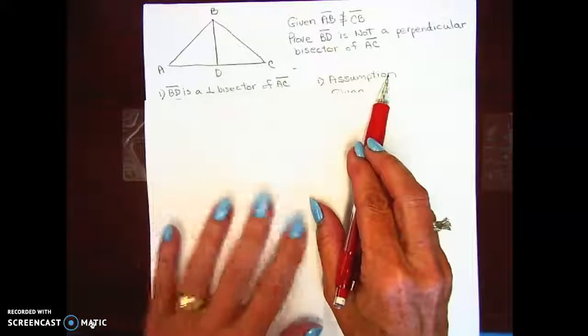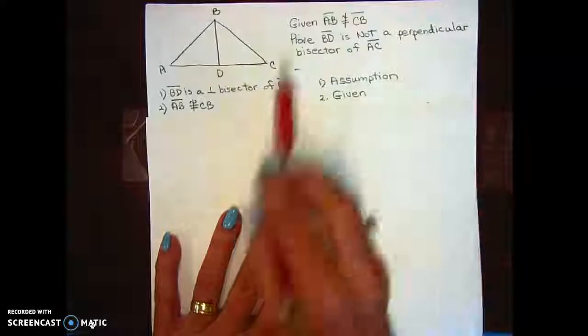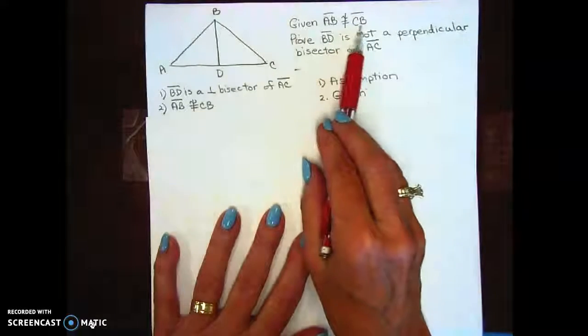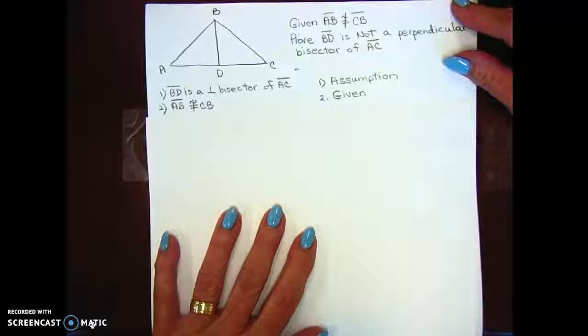That's my assumption. And of course, I'm going to have my given, which is that AB is not congruent to CB. Now I'm going to proceed just like I normally would on a proof.